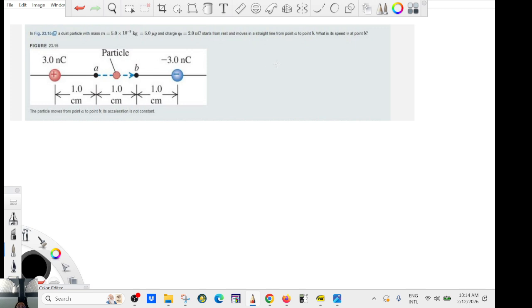So the equation is that the change in potential equals the change in kinetic energy. Okay, that we know. Because this is the change in potential energy.